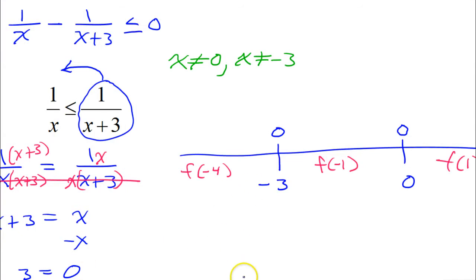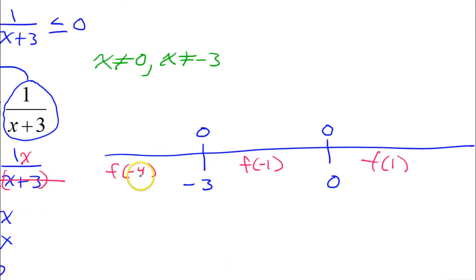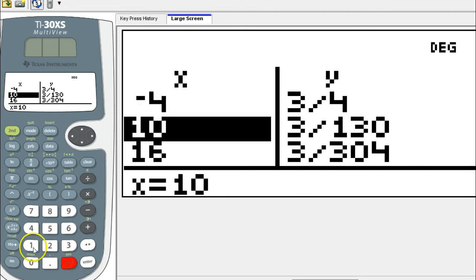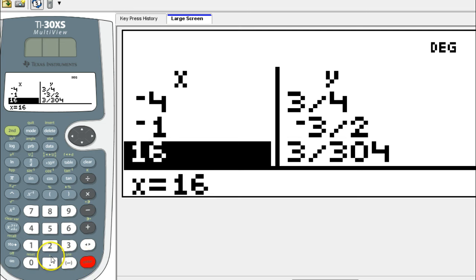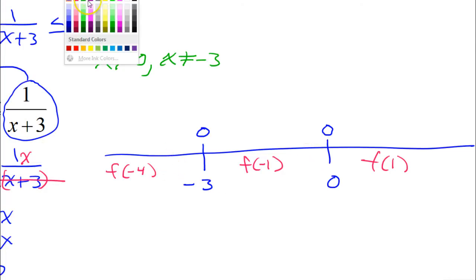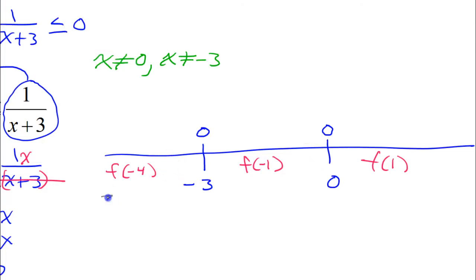All right, now the three values at which I want to evaluate are -4, -1, and 1. So -4, -1, and +1. Okay, so 3/4, -3 over 2, and 3/4.